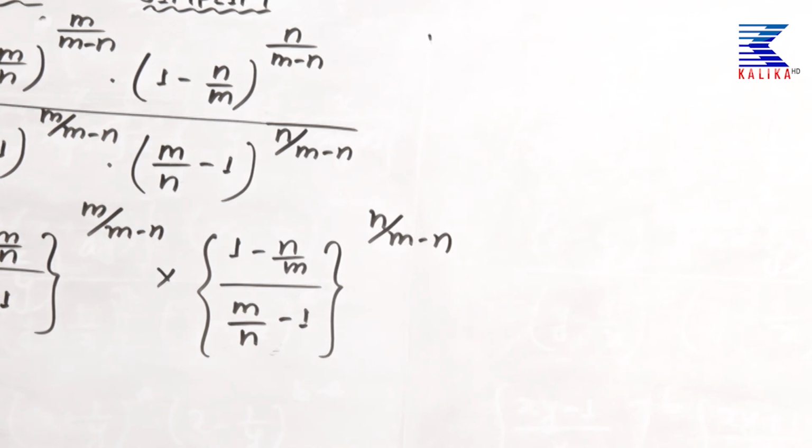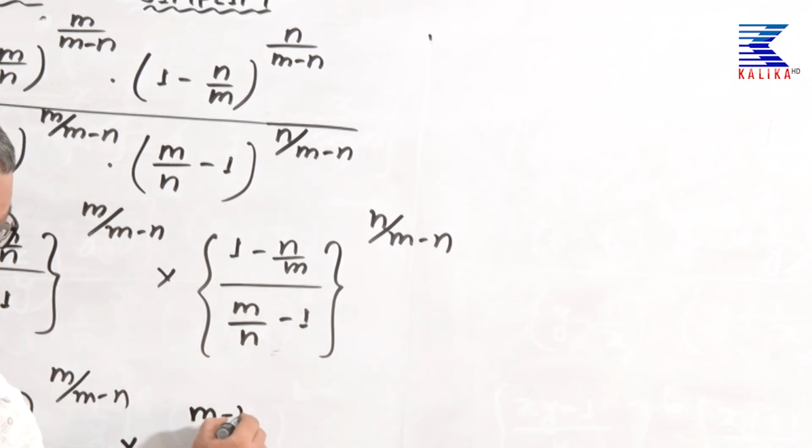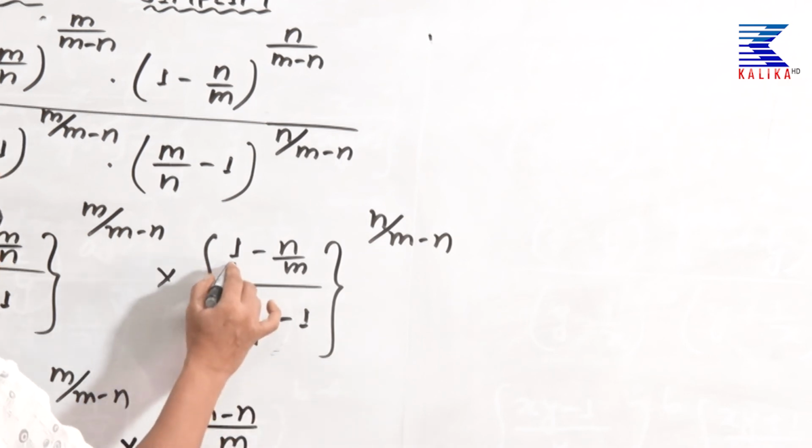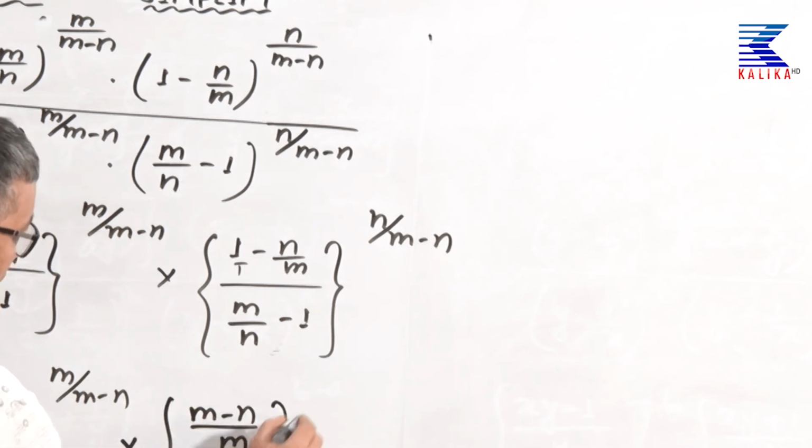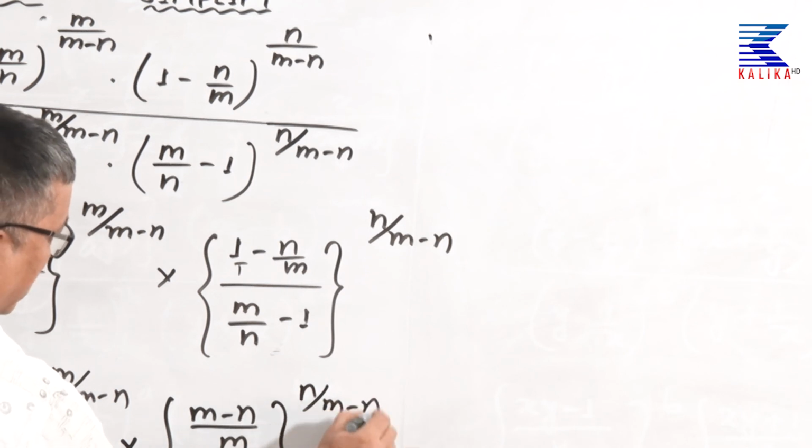Now, taking LCM here, (n plus m)/n whole upon (n plus m)/m to the whole power m/(m minus n). Similarly, in the next fraction also, (m minus n)/m, taking LCM here, and (m minus n)/n to the whole power n/(m minus n). Okay?